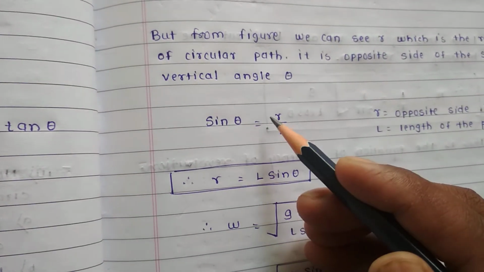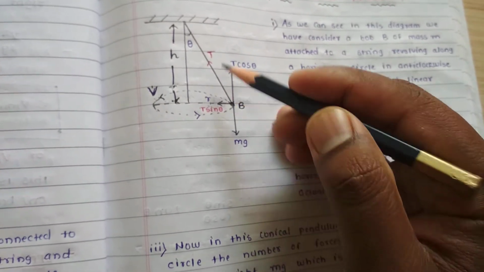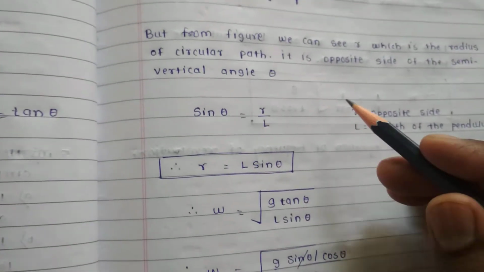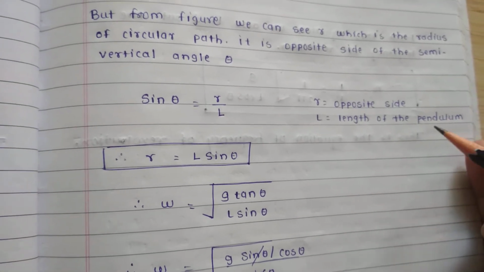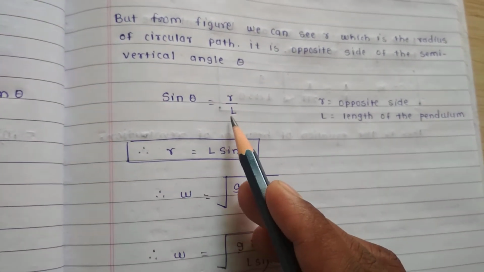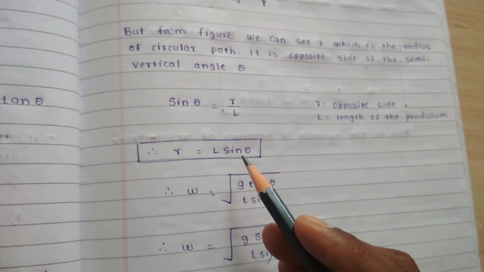So if we write sin theta is equal to r upon L, where r is the opposite side and L is the length of the pendulum, therefore r is equal to L sin theta.